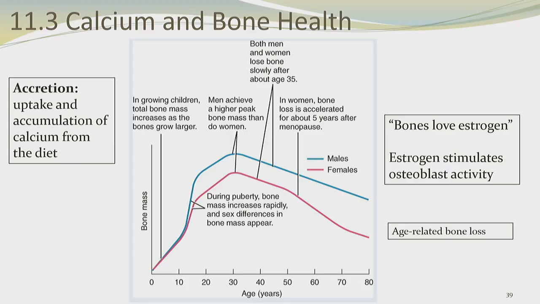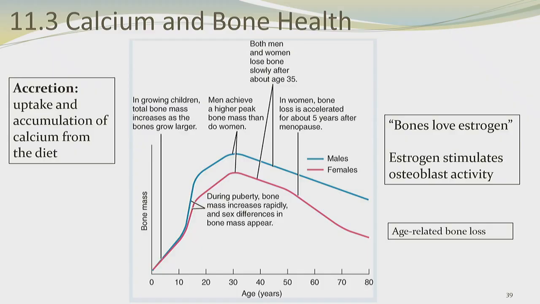So the peak bone mass occurs in young adulthood, and as one progresses to middle and late adulthood, a certain amount of bone mass loss happens inevitably, right, as one ages. Men and women, however, do differ in the rates of this bone loss.